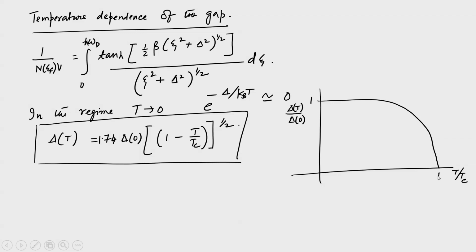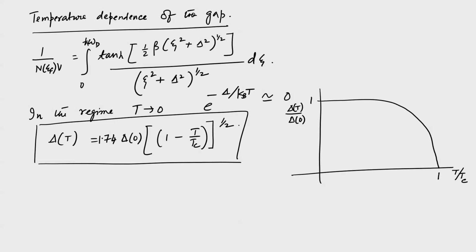What I said earlier is that at very small temperature, much smaller than T c, the variation is extremely small and delta remains nearly a constant equal to 1, and then as temperature increases, there are sufficient number of quasi-particles that are excited and the gap starts going down, and at T equal to T c the gap goes down very sharply. So, that is the temperature dependence of the gap.